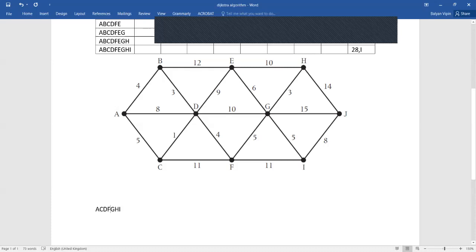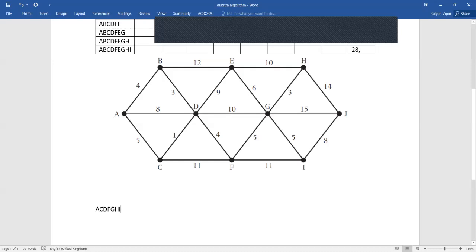Now, there are two possibilities here: you can go directly to I by removing both these, or you can take G and from G to I. Whichever is the minimum value, you will take that one. So it will be F to G and G to I, 5 plus 5 is 10.